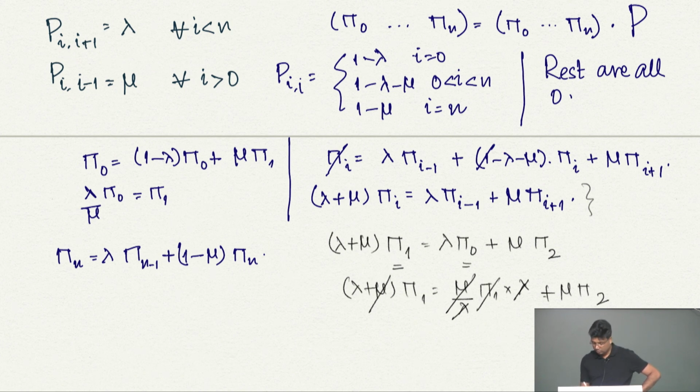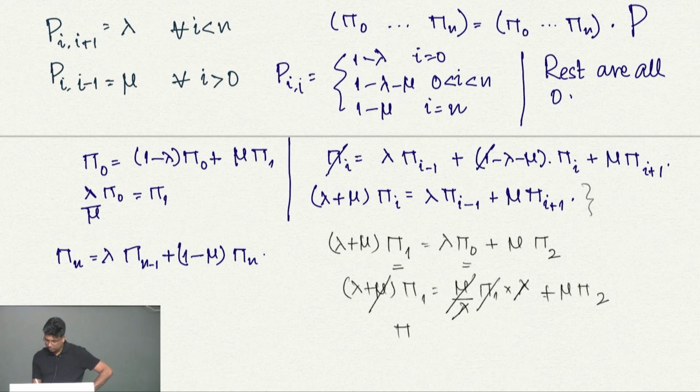So what you have is lambda times pi 1 is nothing but mu times pi 2. If you keep doing this, what you're going to get is pi i is nothing but lambda by mu to the i times pi 0.